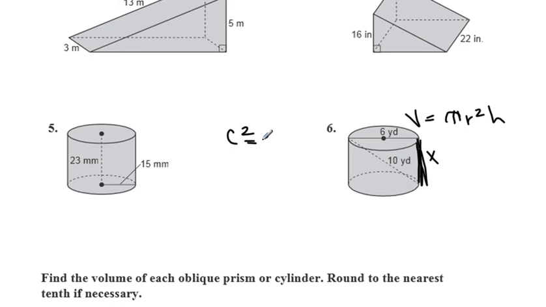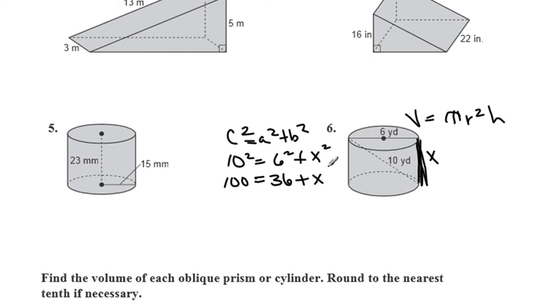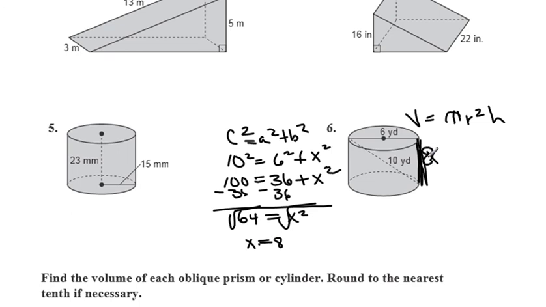So c squared equals a squared plus b squared, where c is 10, a I'm going to call 6, and b I'll leave as x. 10 squared is 100, 6 squared is 36, plus x squared. Subtract 36 from both sides, I get 64 equals x squared. Taking the square root, I get x is 8. So that has just given me the height of my cylinder.